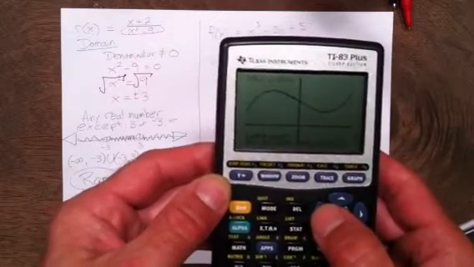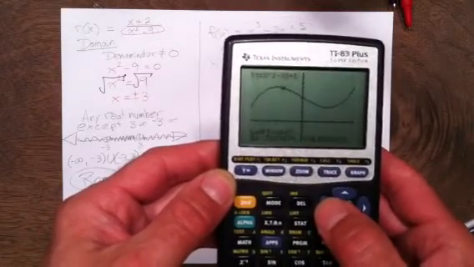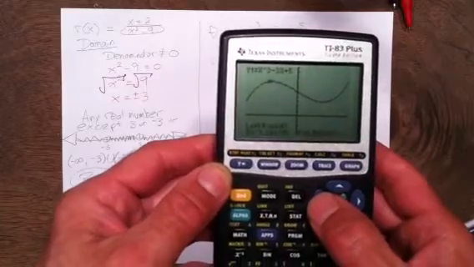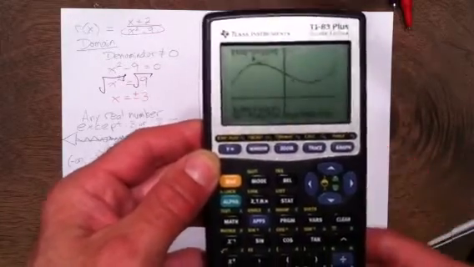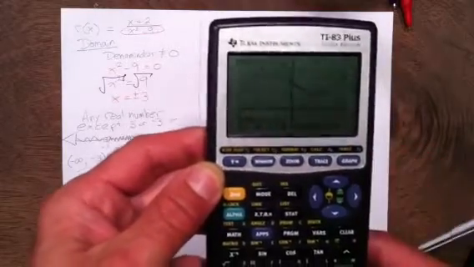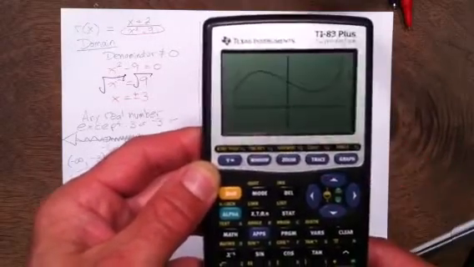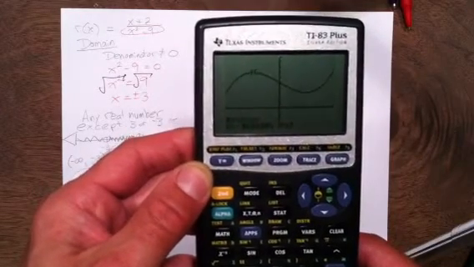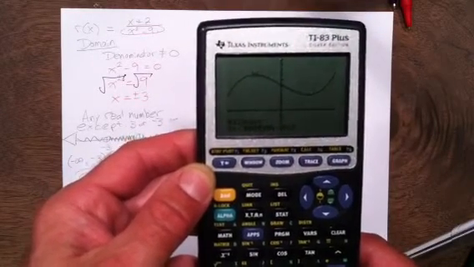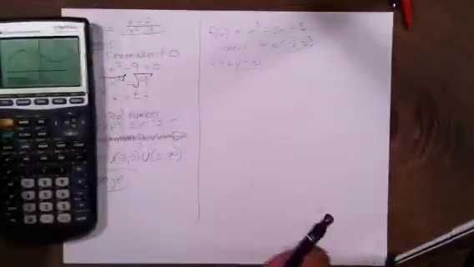All right, so my max is over here. I need to get to the left of it, then roughly to the right of it, enter, and in the middle. Okay, wow, it looks pretty darn close to -1, so I'm going to say at the point (-1, 7) I have a max.